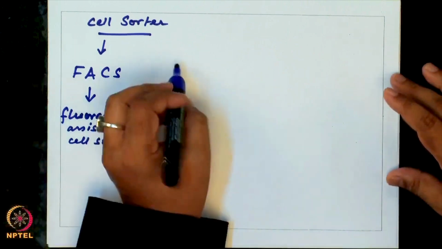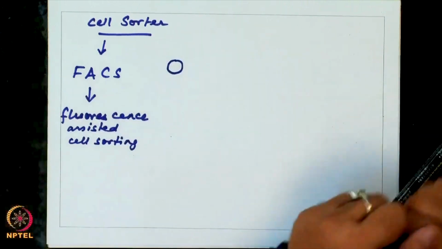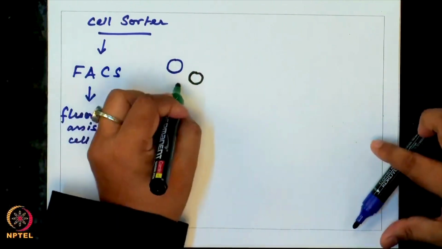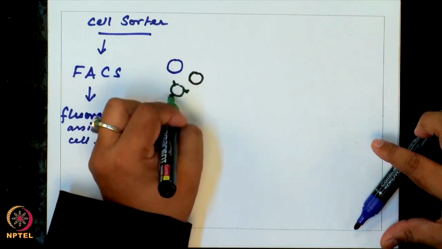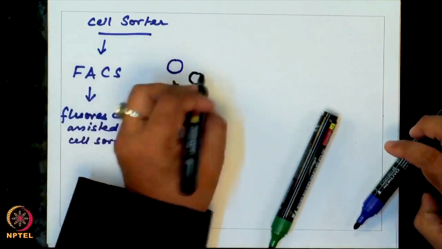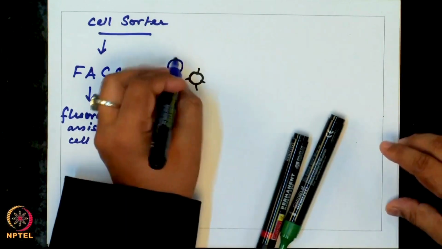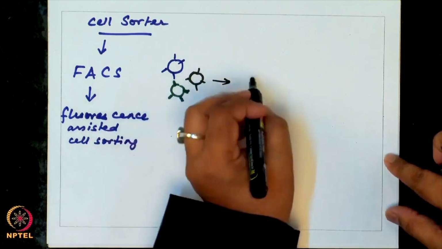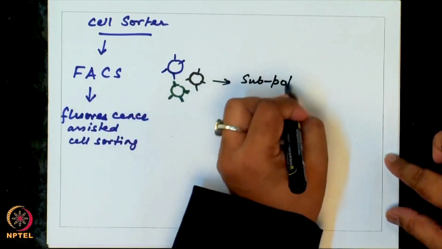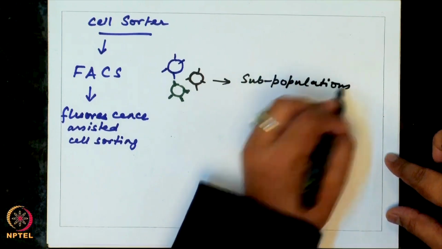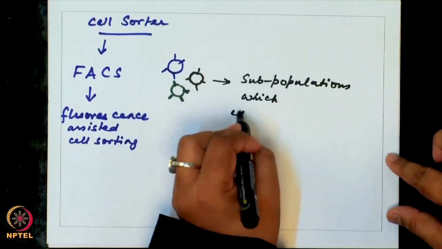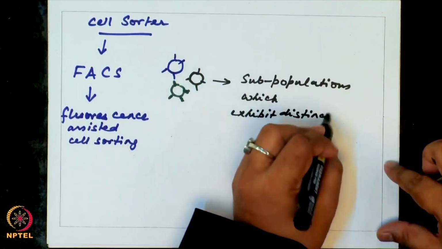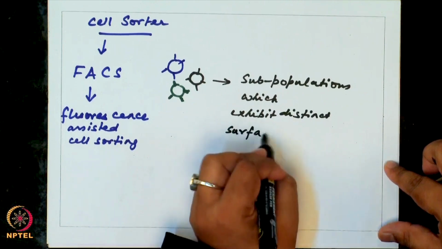Okay. So, what FACS does is, if you have two populations of cells where the surface markers are different, you can label these individual subpopulations which exhibit distinct surface markers.